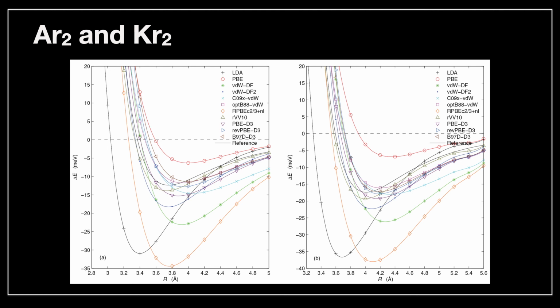Even though it does not include van der Waals at all, as I already mentioned, it provides a very nice and deep local minimum for completely wrong reasons, and it's because there is an overbinding. On the other hand, you can see that PBE barely binds, so there is an underbinding of PBE, as I also mentioned, and so essentially the correct van der Waals interaction is something in between.